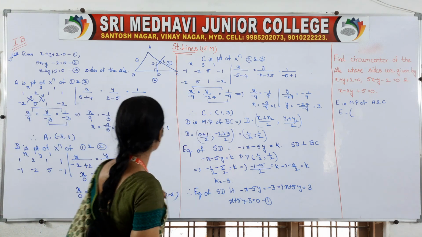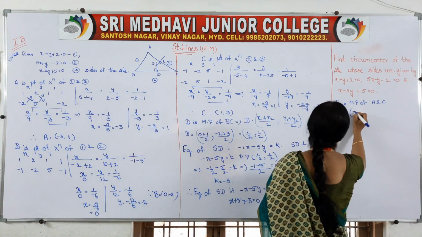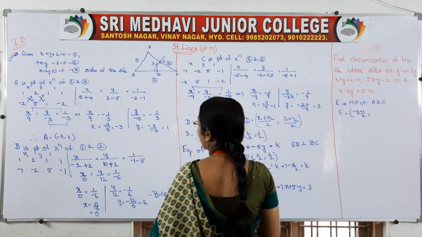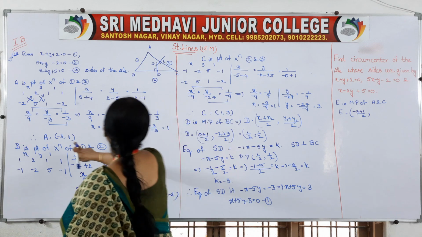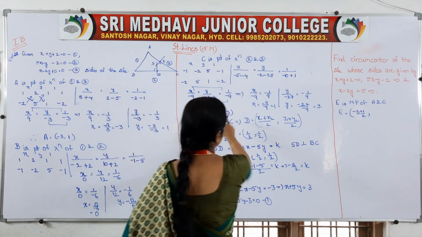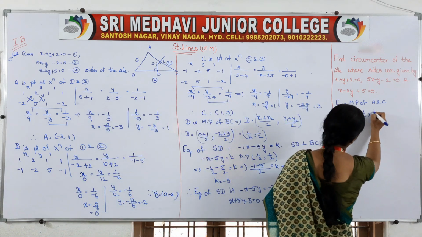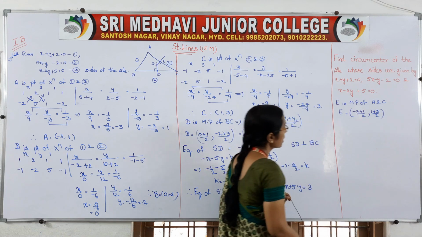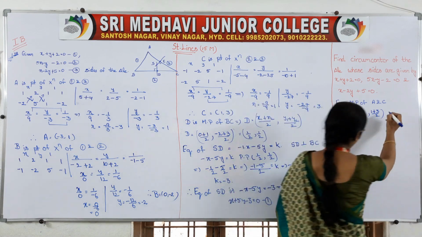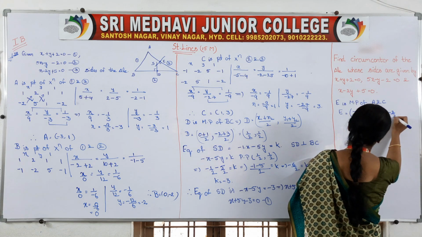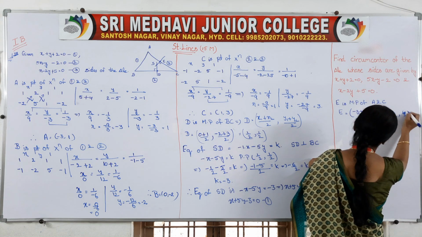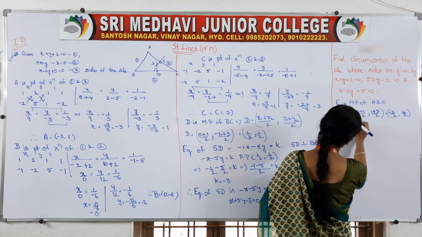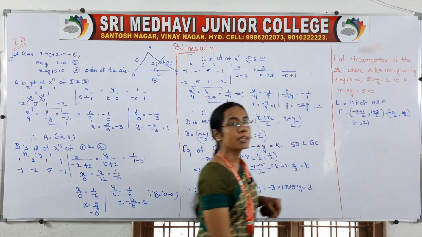So x1 plus x2 by 2: minus 3 plus 1 by 2, and y1 plus y2 by 2: this is 1 and this is 3, so 1 plus 3 by 2. So it is minus 2 by 2, 4 by 2, which is equal to (minus 1, 2). This is the E point.